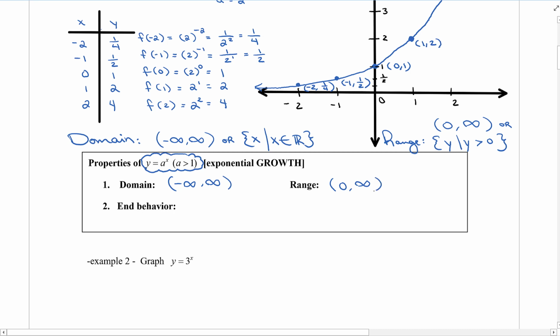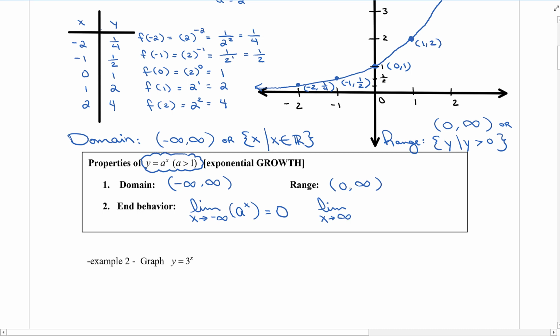And for number 2, our end behavior, we're going to look at the limits here. The limit as x approaches -infinity of a raised to the x power is going to be equal to 0. And the limit as x approaches positive infinity of a raised to the x power is going to be equal to infinity.